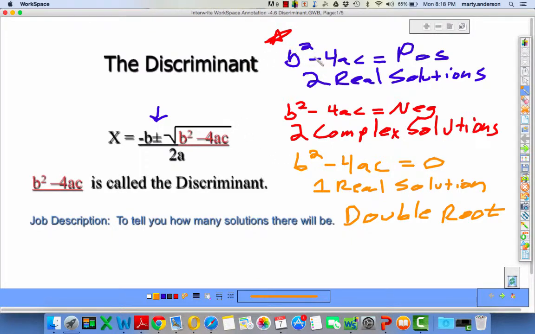So this guy touches the x-axis twice, two x-intercepts. This guy will touch it not at all, 0 x-intercepts. And this guy has 1 x-intercept.